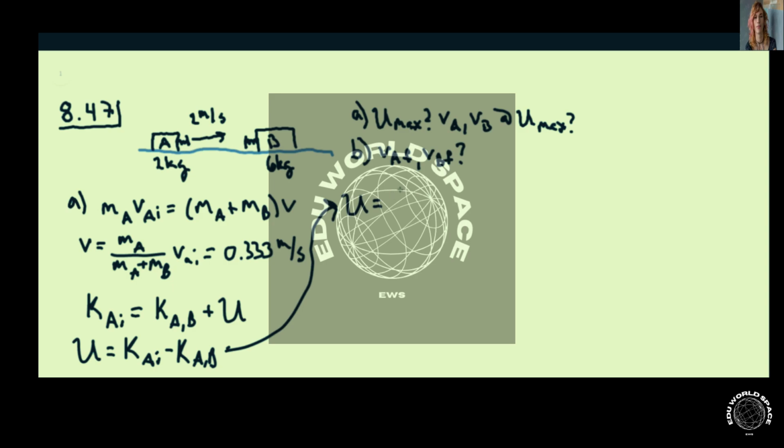So then this would be 1/2 m_A v_A initial squared, minus 1/2 the total mass times the speed that we just called v squared.